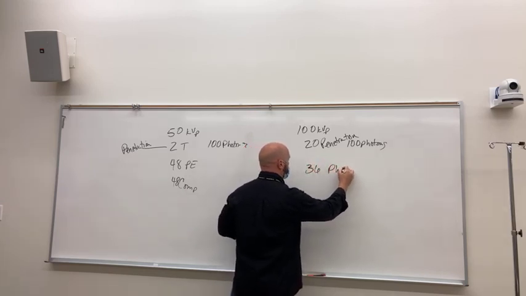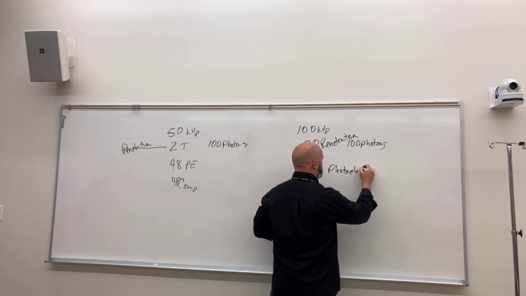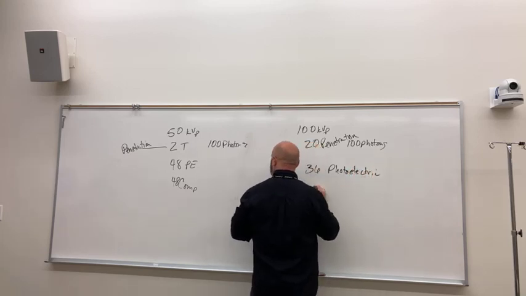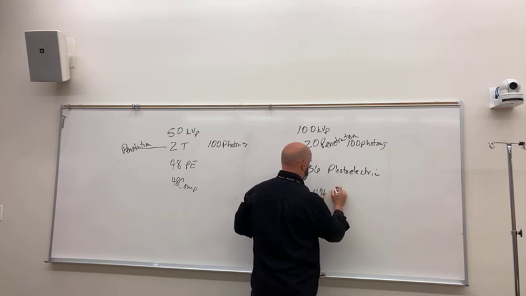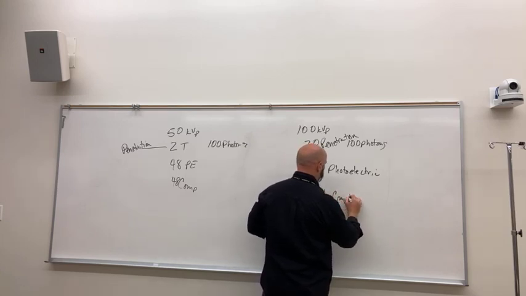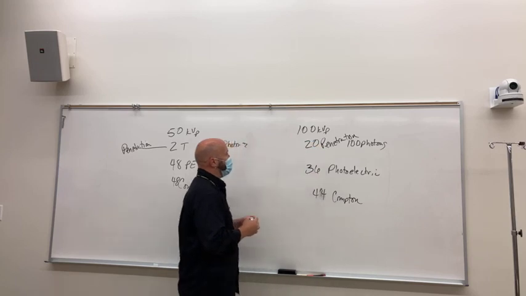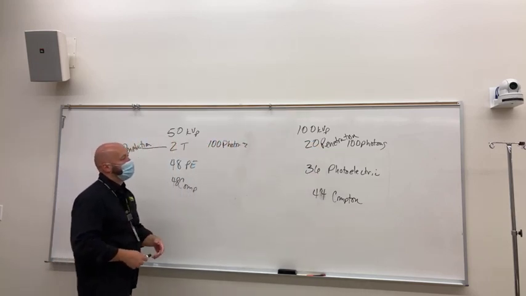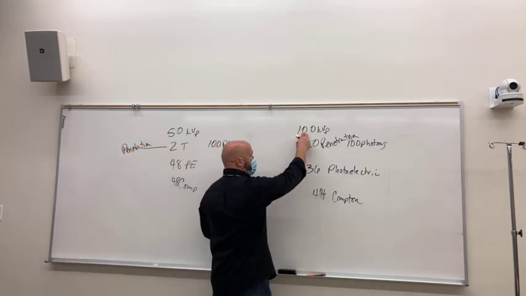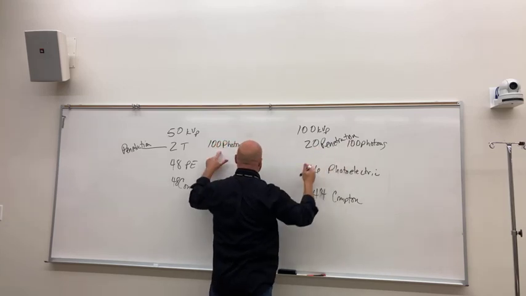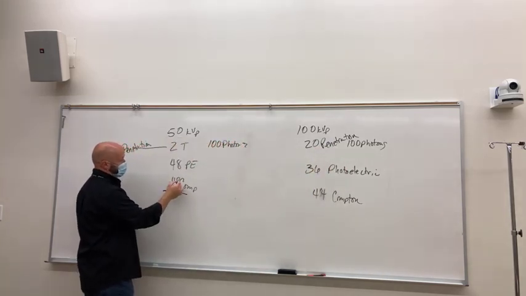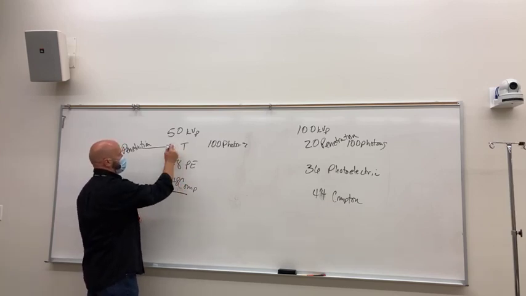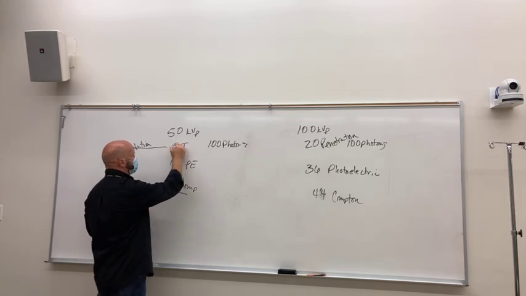36 photoelectric and 44 Compton. This is just kind of off the cuff here. So we've got 100 X-ray photons, 100 X-ray photons, 48 plus 48 plus 2, that'd be 98. All right, so we'll do that. 4 transmission.